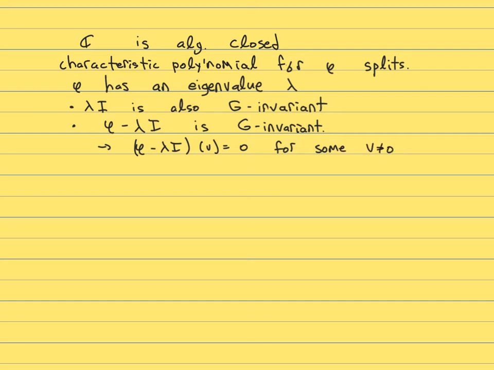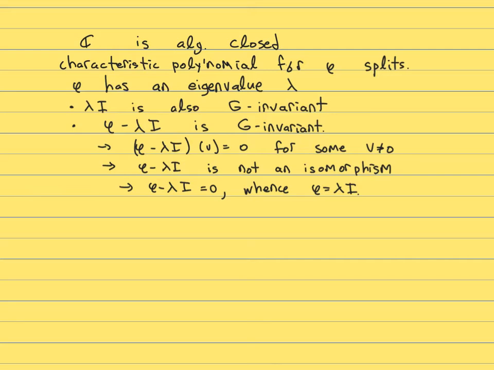So this thing can't be an isomorphism. But it's G invariant between two irreducible G modules, and so it must be the case that it's the zero map. Whence phi is just a scalar multiple of the identity linear transformation. So here I is the identity linear transformation, not necessarily the identity matrix, because we haven't actually chosen a basis for V or W.